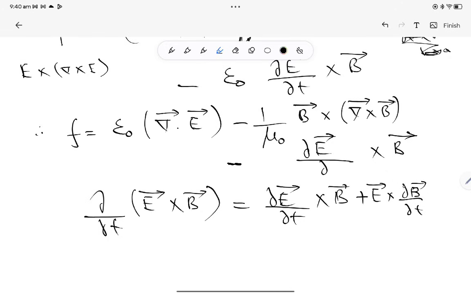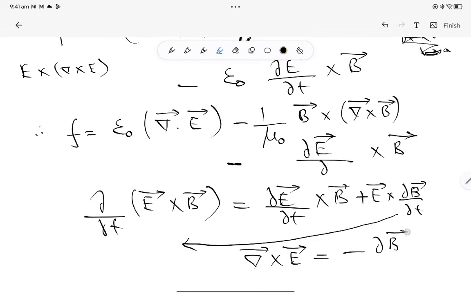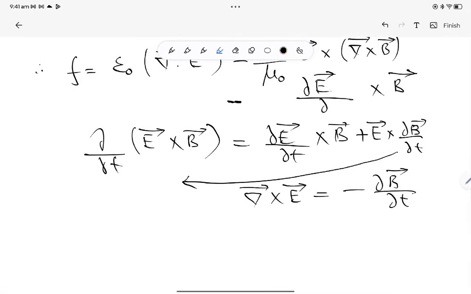Now in this term you have del B by del T, and its value can be obtained from Faraday's law. Faraday's law tells us that curl of electric field is equal to minus del B by del T, the rate of change of magnetic field. It simply means that a changing magnetic field is associated with an electric field.